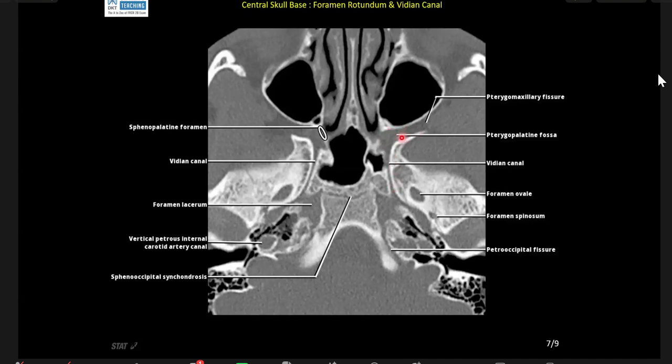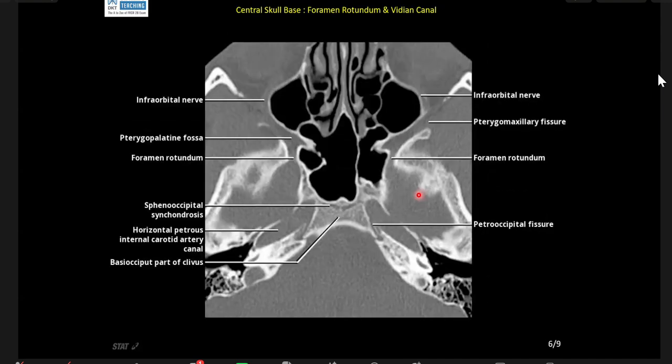This is the pterygopalatine fossa, which is posterior to the maxillary sinus. Here, it communicates with the superior meatus of the nasal cavity, and laterally, it communicates with the masticator space. We will come back to this anatomy once again.